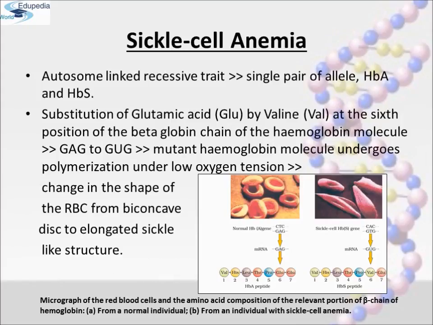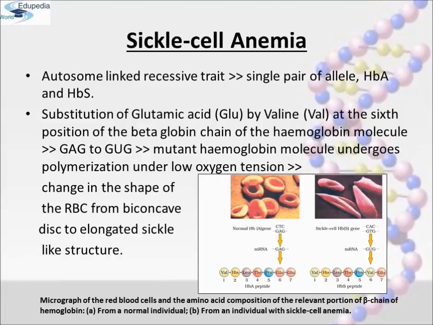Sickle cell anemia. This is an autosome-linked recessive trait that can be transmitted from parents to the offspring when both the partners are carriers for the gene, or heterozygous in nature. The disease is controlled by a single pair of alleles, HBA and HBS.